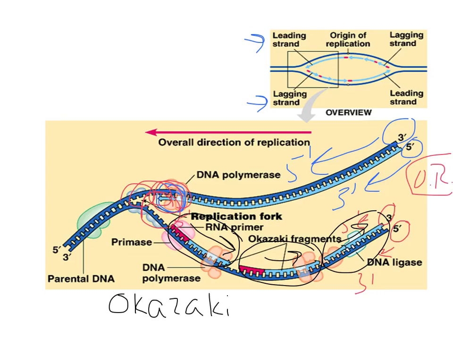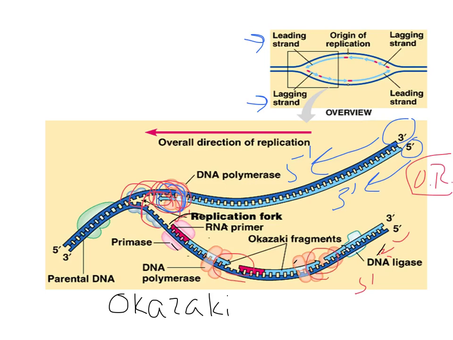So these little fragments will eventually run into each other. You know, as this fragment here, let's erase some of this mess here. So as these fragments are being synthesized, you can see how they will start to run into one another. And as they run into one another, the RNA primers will get replaced. Remember that DNA polymerase will come in and it will replace these RNA primers.